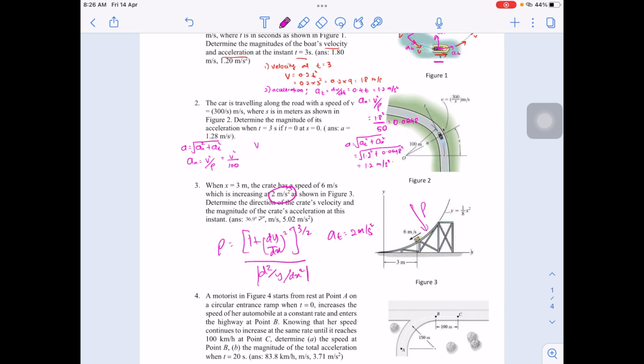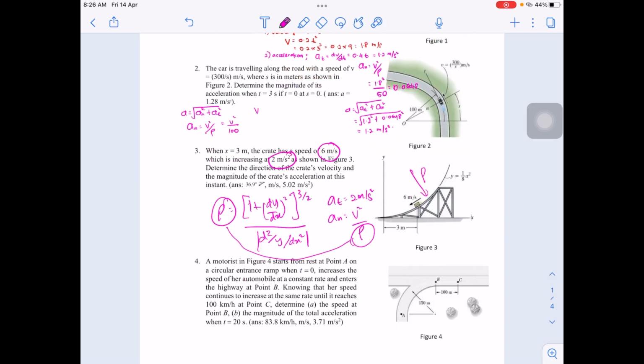Okay, so your an is still v squared over rho. So rho is this one lah. And then v yang ini, 6 meter per second, 6 squared over rho. Okay, ini saya left dibuatlah dalam 3 ni.